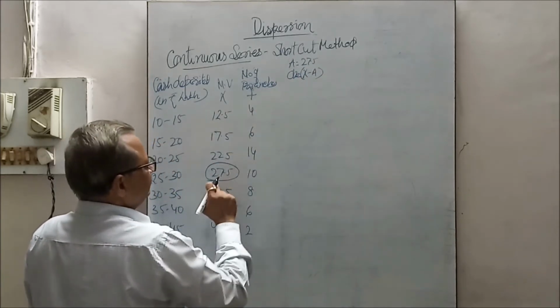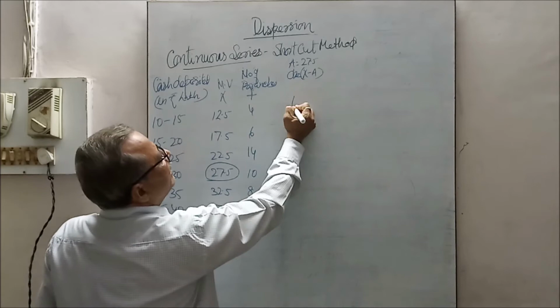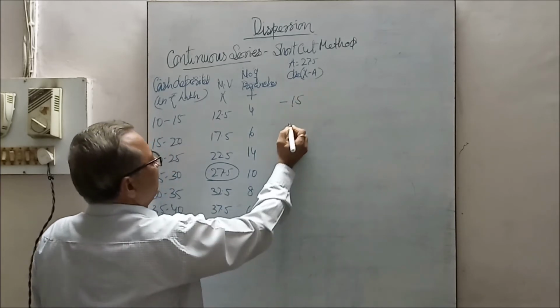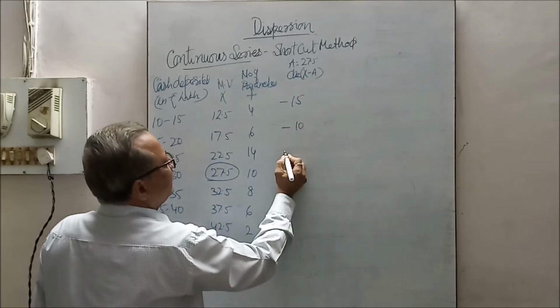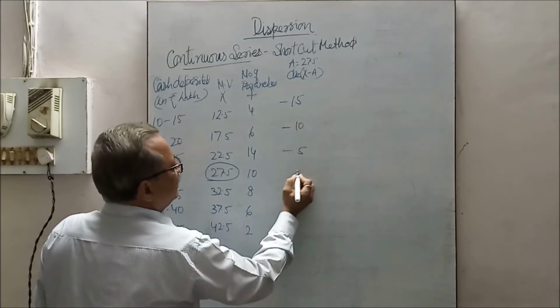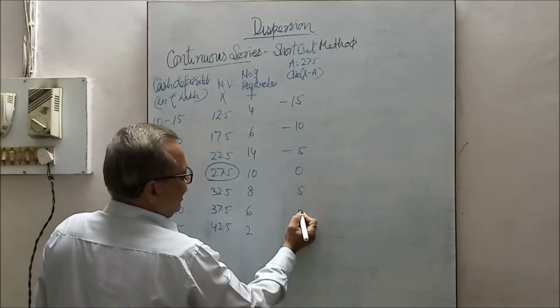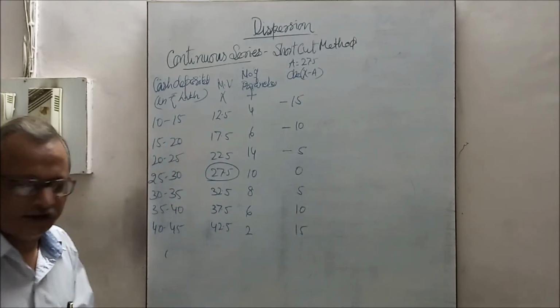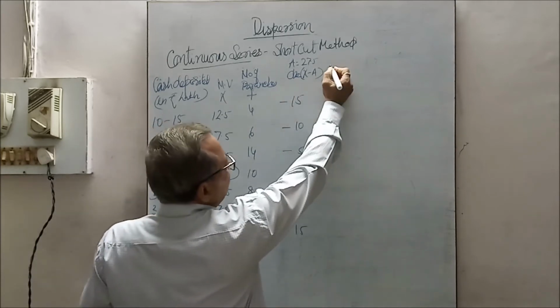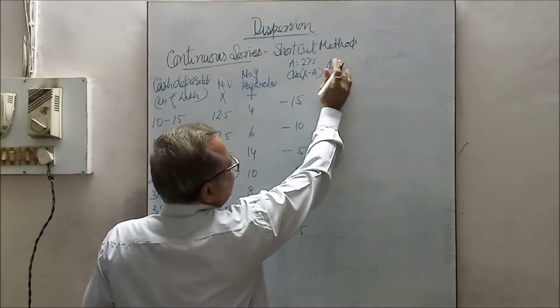Now see, minus 15, minus 10, minus 5, 0, 5, 10 and 15. Then what is step deviation? Step deviation means simple deviation dx.